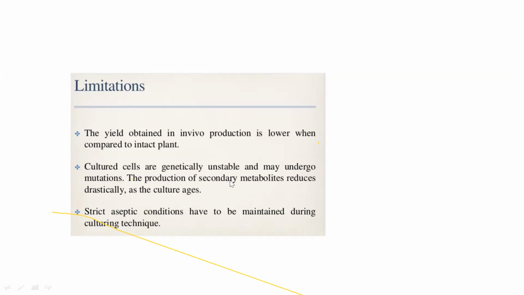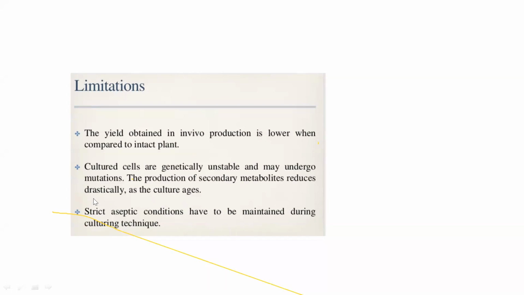Another problem is this genetic instability in the cultures. So you can't go in for continuous cultures, and you can't use aged cultures also. Even though they give good quality product, the yield will vary. If you keep on subculturing the cell, at one point of time, the yield might come down. So they have seen that this is a problem. This is a limitation for plant tissue culture products.